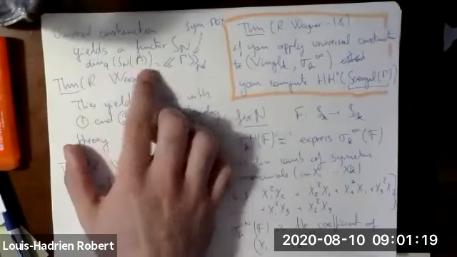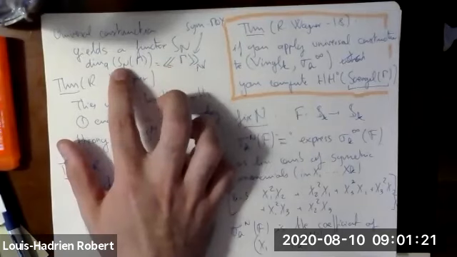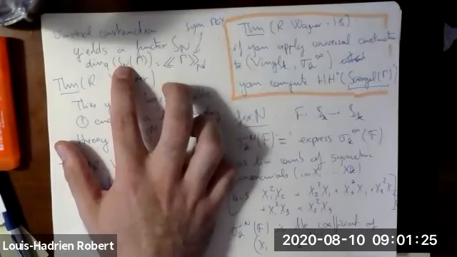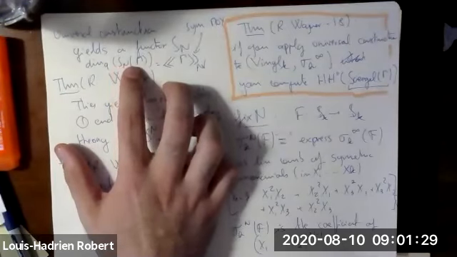We understand the dimension, but we don't actually understand a basis of this. And if you really want to compute things in a homology, you need to compute differentials, so you need bases of your vector spaces.